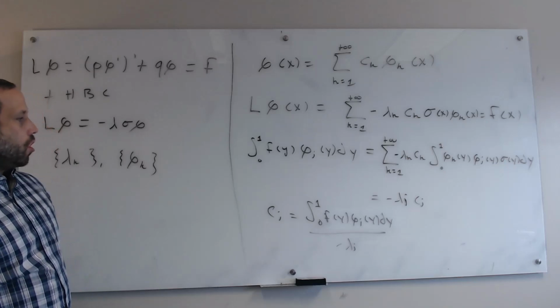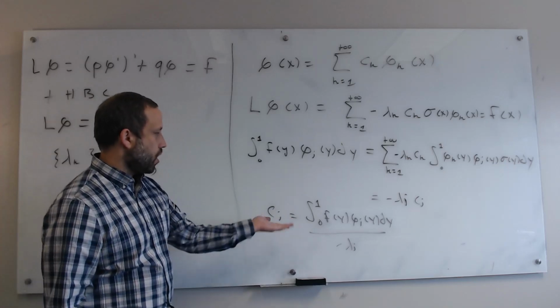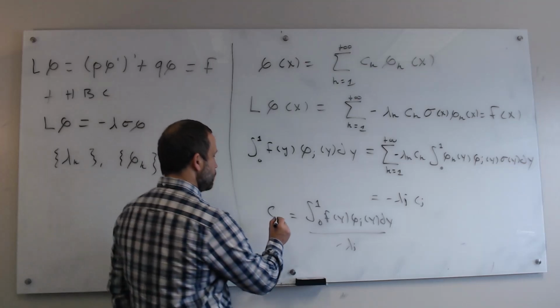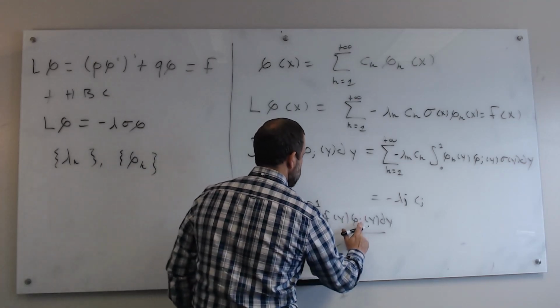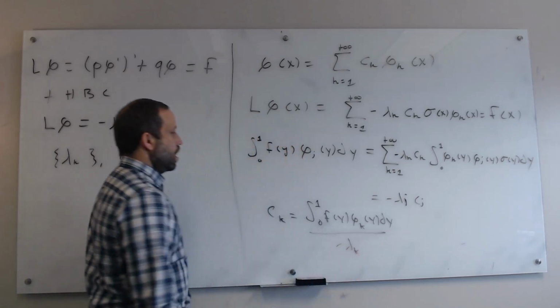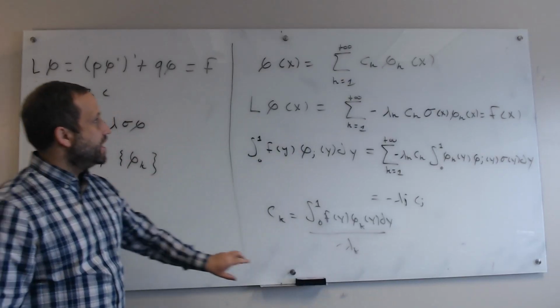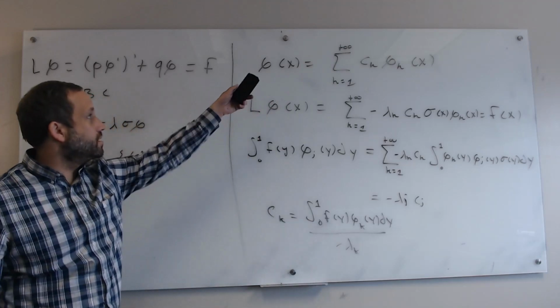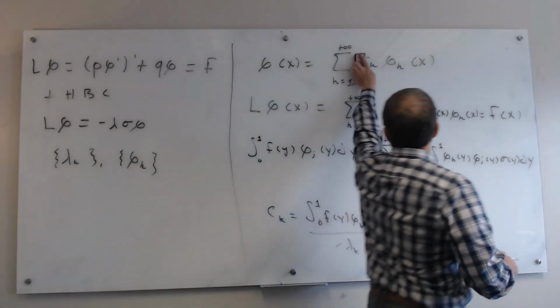Okay, and j is just generic, so it could be k as well. We have something like this. If we take this and replace the ck's up here, here's what we're going to get.